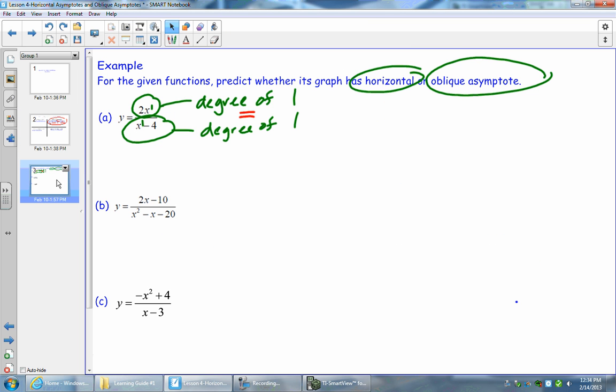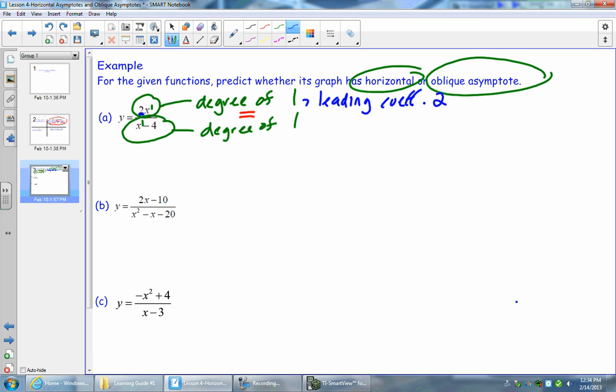So going back here, we want to actually define the horizontal asymptote. We first need to identify the leading coefficient of the top and the bottom. So the top has a leading coefficient of 2. You're looking at the number in front of the term with the highest power, so in this case it's a 2.